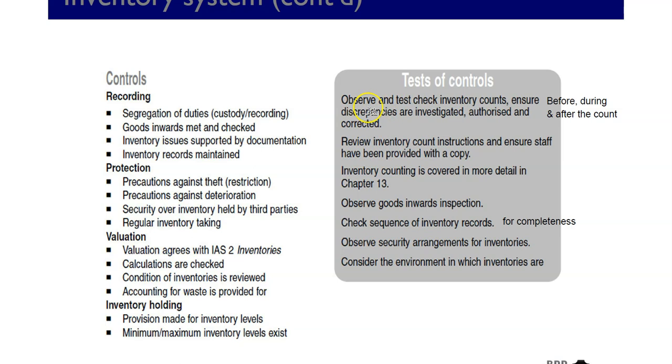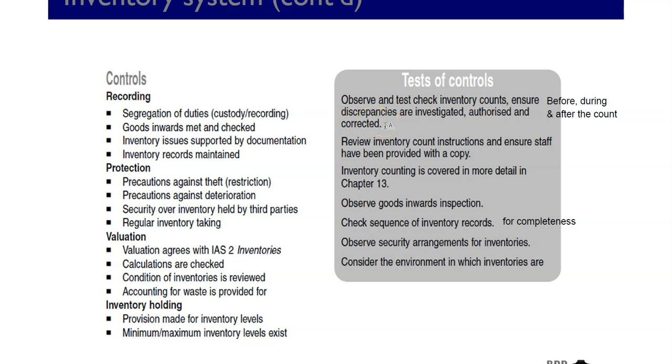The auditor has responsibilities to do before the inventory count, during the inventory count, and after the inventory count. Some of these tests are done before, such as reviewing the count instructions, and during, where the auditor would observe and test inventory counts. And after the count, some of the tests would be to ensure discrepancies are investigated, authorized, and corrected.